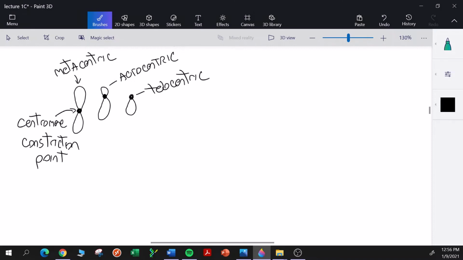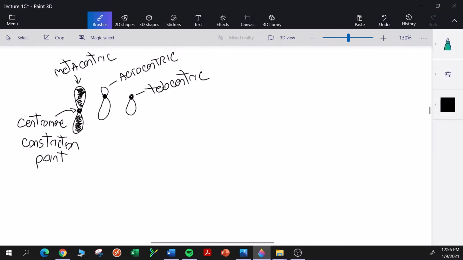And the centromere is not always found in the center of the chromosome. In a metacentric chromosome, it's approximately in the center. As a result, we have these two arms, here's one arm and one arm here, and those arms are approximately equal sizes.